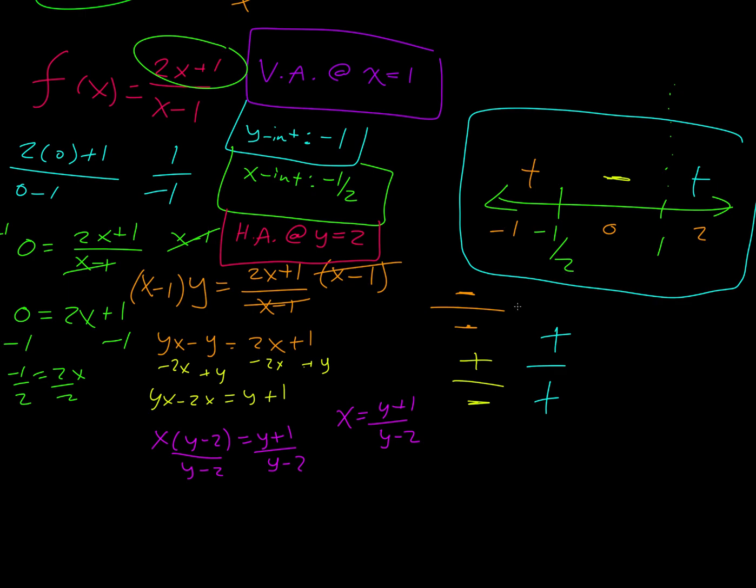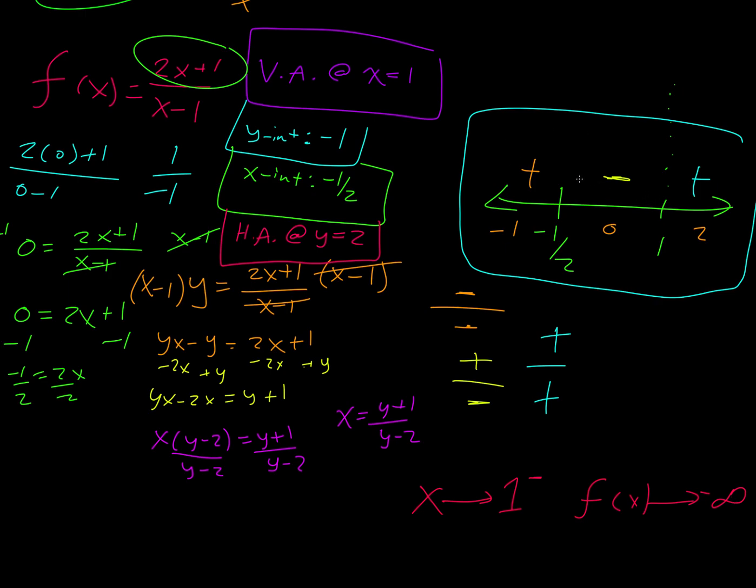This is notation I think is new to you. I can't remember if we've talked about this notation yet. But we're going to say things like, as x approaches 1 from the negative side, what does y do? Well, f of x approaches negative infinity.